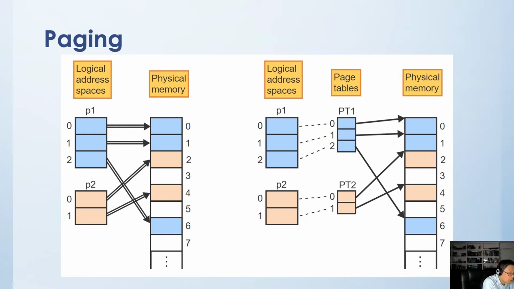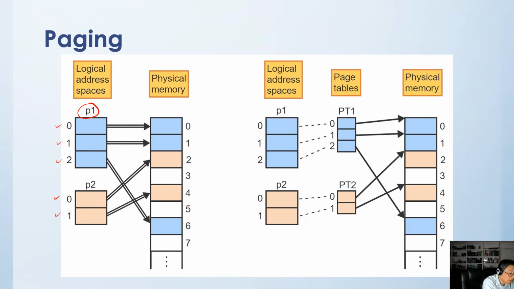Now with paging, the process is measured in terms of the number of pages. So for example, in this case, process 1 has 3 pages, page number 0, 1, and 2. And process 2 is measured as 2 pages.